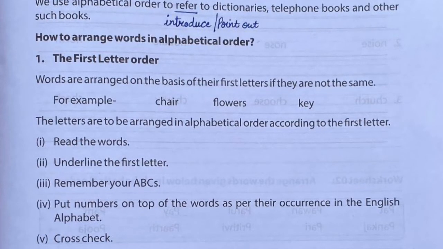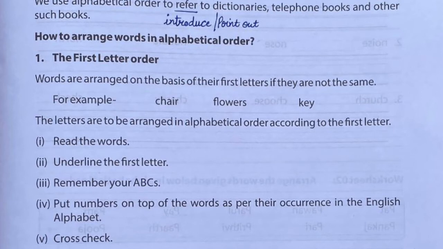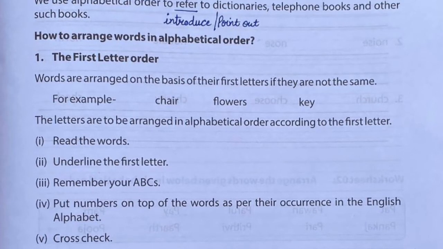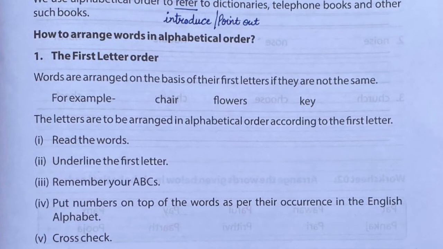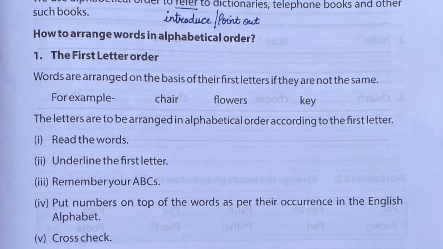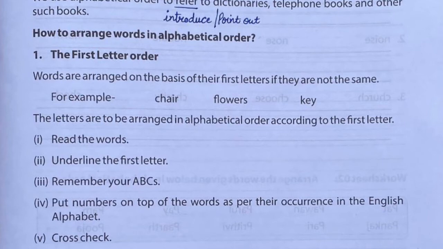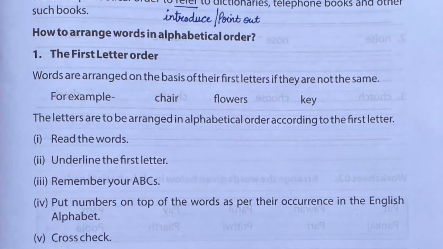Okay, please cross check whether you have done it correctly or not by matching with the ABCs, and please pay proper attention to the words which are given to you.